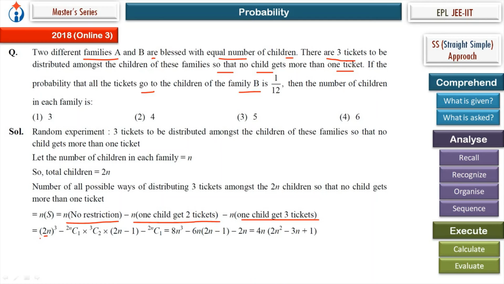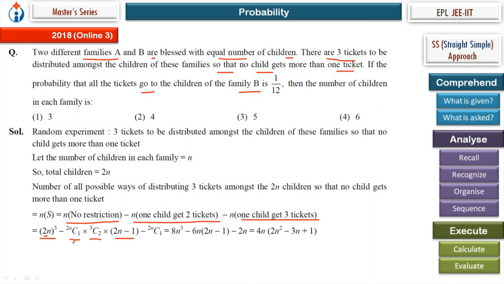So no restriction, that's counted now. Now 1 child gets 2 tickets. So out of 2n, first we decide which child. So the number of ways is 2n c1. Then which 2 tickets? There are 3 tickets, so 3c2. And the last 1 ticket goes to the remaining 2n minus 1 children. That's how we complete the process of distribution of 3 tickets among 2n children, where 1 child gets 2 tickets.